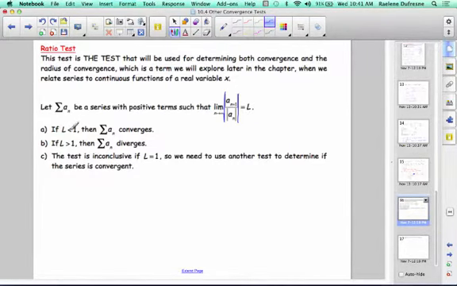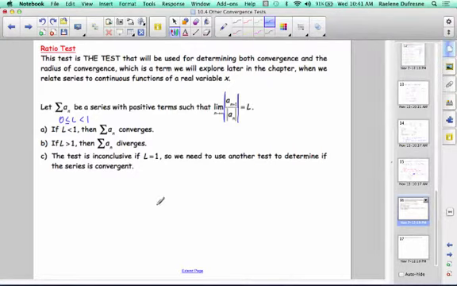And so if L is less than 1, being a positive number, that means that L is between 0 and 1, then the series converges. But if L is more than 1, then the series diverges. It's possible that the limit is equal to 0, so we could have from 0 to 1 inclusive or greater than 1. But if the limit value is equal to 1, the test is inconclusive.